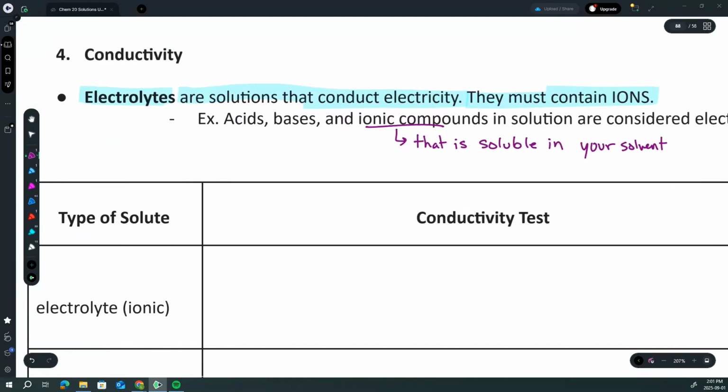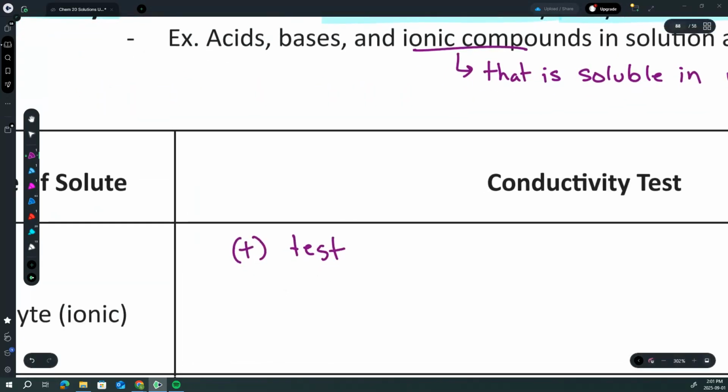Okay, so if we have a solution which is an electrolyte, we're going to have a positive test. So what that looks like is we're going to have our light bulb, which is part of our conductivity apparatus, light up.